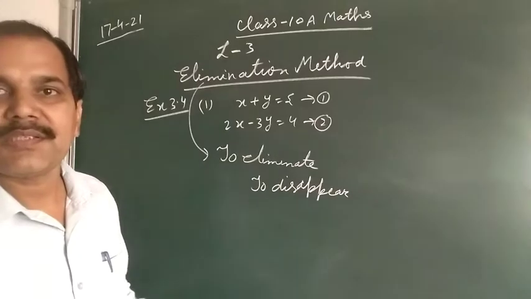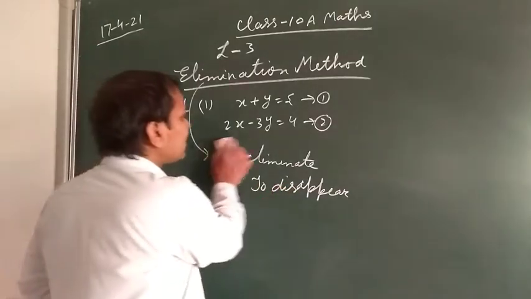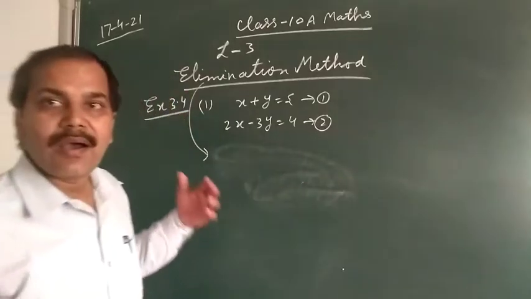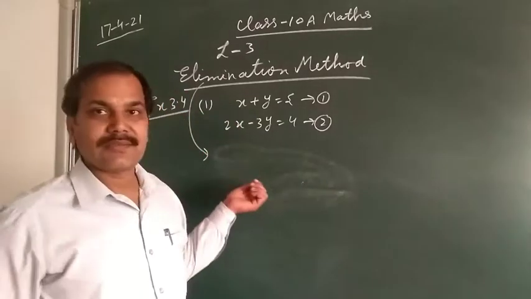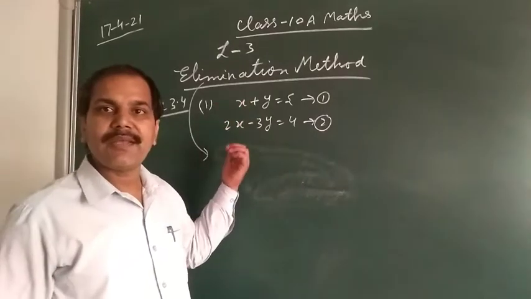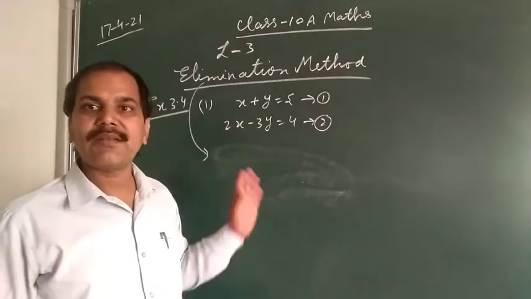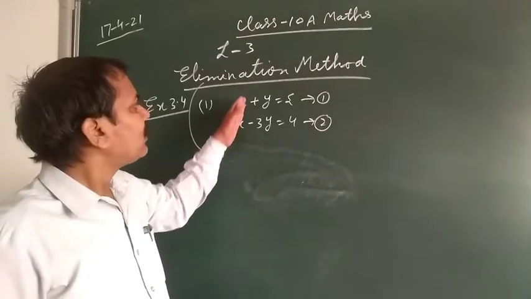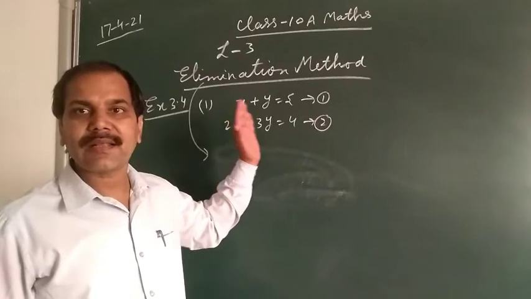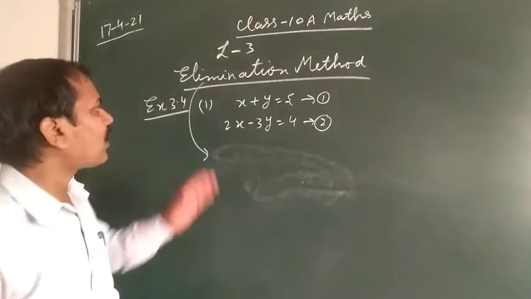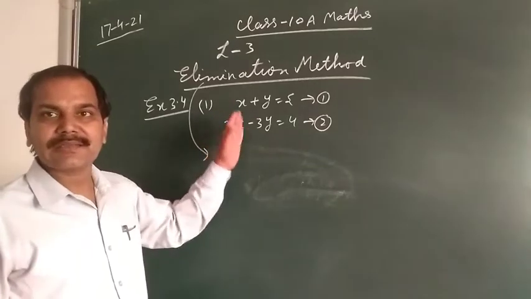If in two variables we somehow hide any one variable, then we can find the value of the other variable. If we make x or y disappear, then we will find the value of the other. So how to make x or y disappear?